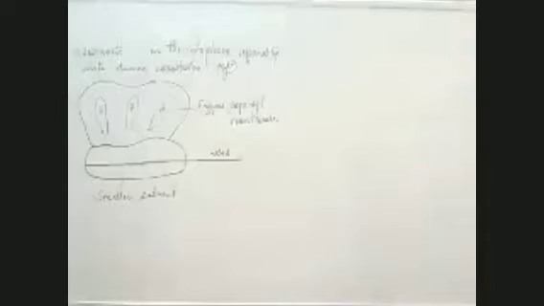All other transfer RNAs which carry the other amino acids, like next we have U. U codes for the amino acid phenylalanine. This is the transfer RNA which brings phenylalanine.